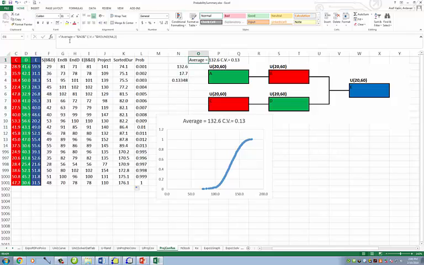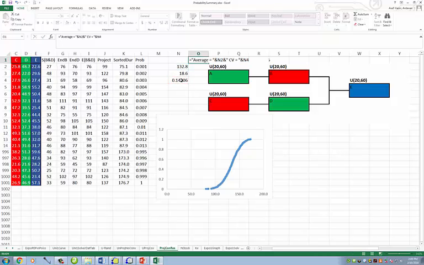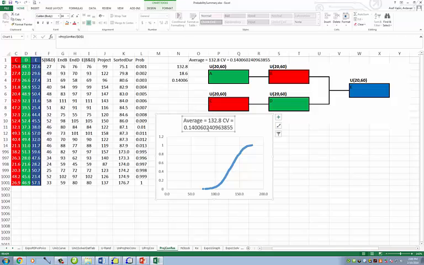Then here I have typed equal to quotation mark average, space equal to space quotation mark, and this one, and quotation mark, space coefficient of variation equal to space quotation mark, and coefficient of variation. The only problem is that the coefficient of variation has too many numbers.